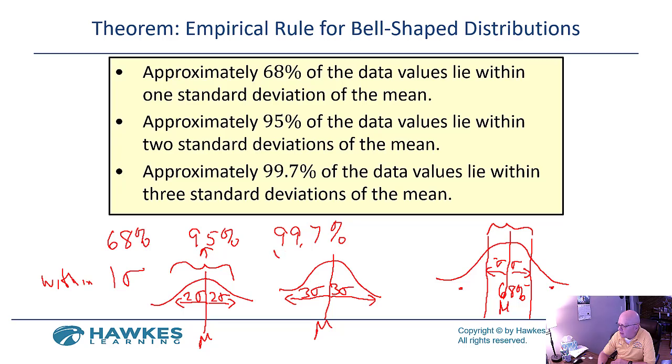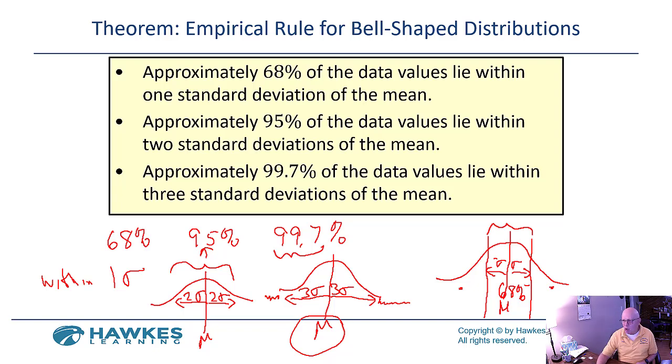In fact, 99.7% of the data will be within 3 standard deviations to the right or 3 standard deviations to the left. In other words, there's going to be very few data items that are that far away from the mean. That is the empirical rule for bell-shaped distributions.